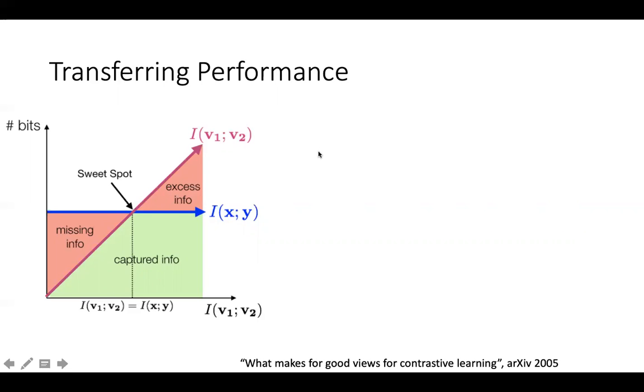Then we can try to gradually fill in information bits between V1 and V2. Of course, there are infinitely many ways to fill information bits. For example, you can first fill in task relevant information bits and then fill in noise, or the other way around, you can fill in noise first and then task relevant information. So there are plenty of ways.